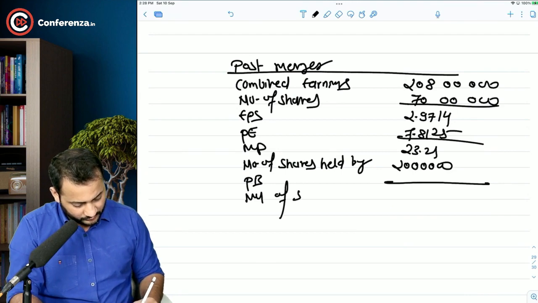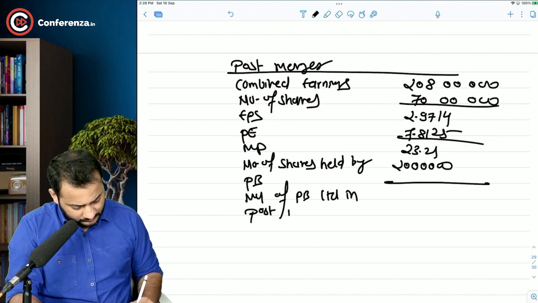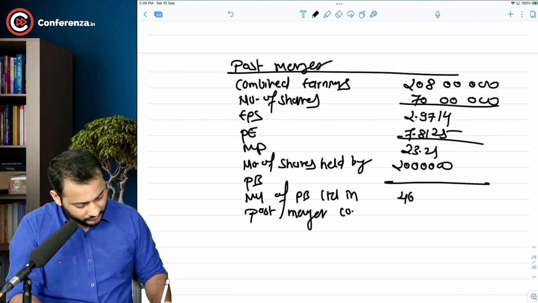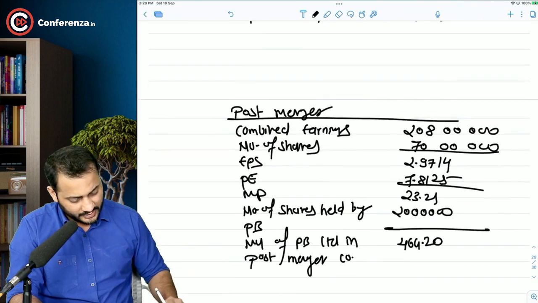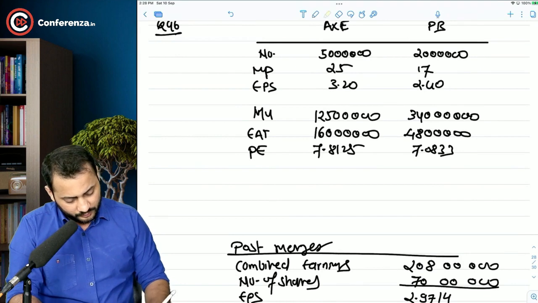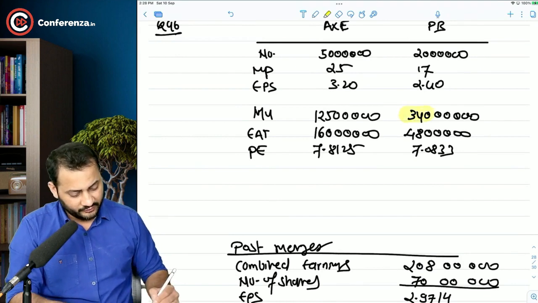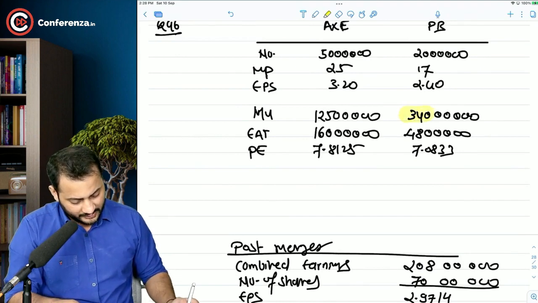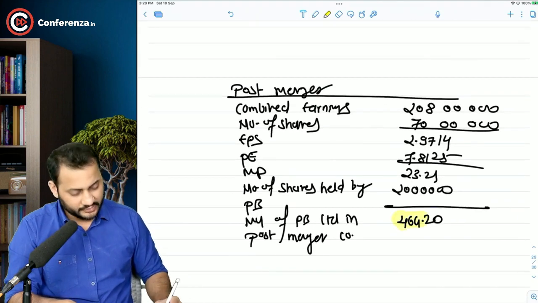The market value of PB Limited in the post-merger company is 464.20 lakhs. The market value before merger was 340 and now it is 464.